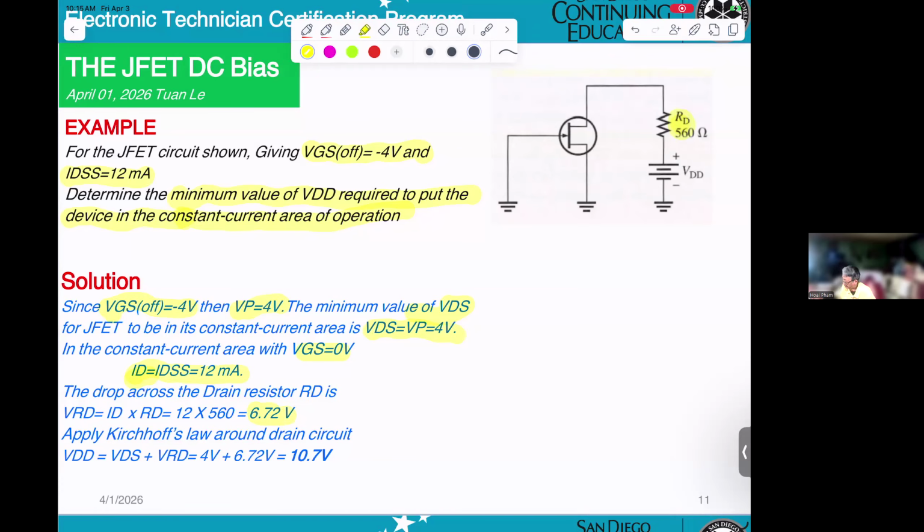You get 6.72 volts. Apply Kirchhoff's law around the drain circuit. This is the drain, this is the source, and this is the gate.